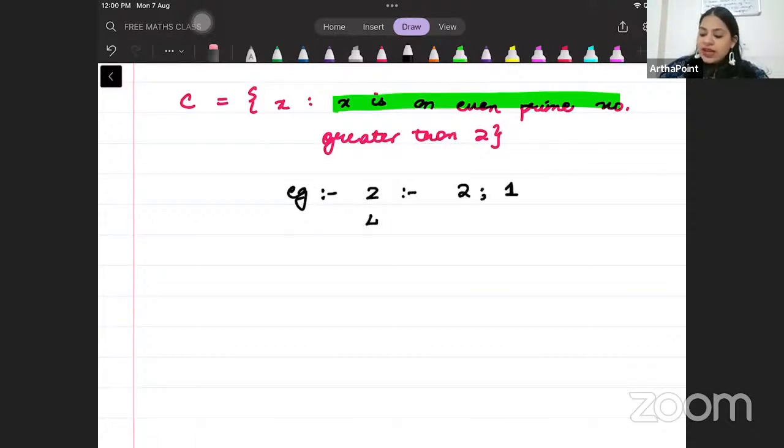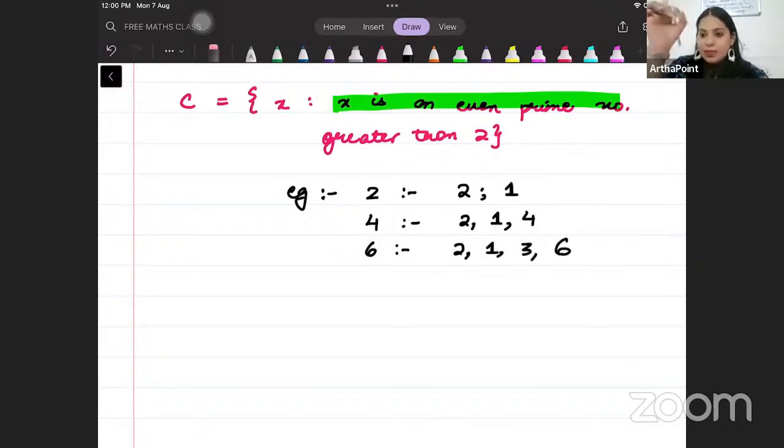But whenever you write any other even number like 4, उसके factors हो जाएंगे 2, 1 and 4. Like 6, उसके factors हो जाएंगे 2, 1, 3 and 6. So the only number which is even and prime, beta, is 2, right? So this becomes an empty set.